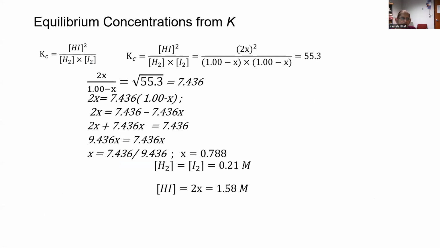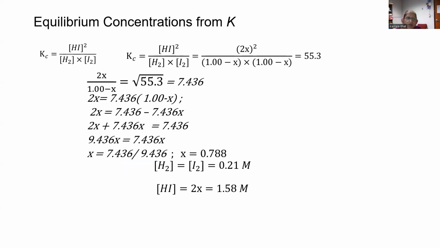Then we substitute. First write the equilibrium constant equation, HI squared divided by H2 times I2 concentrations, and then substitute those concentrations. Now, in this case, we see that the left-hand expression 2x squared over (1 minus x) times (1 minus x) is actually (1 minus x) the whole square.